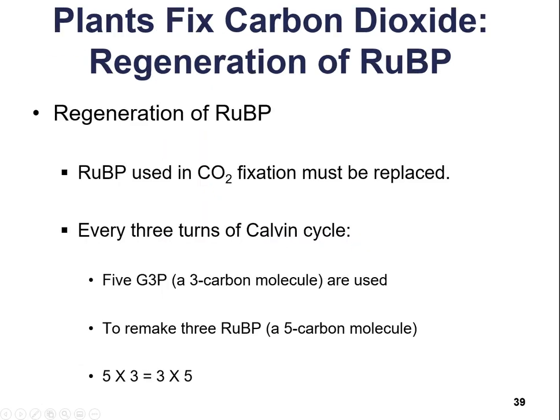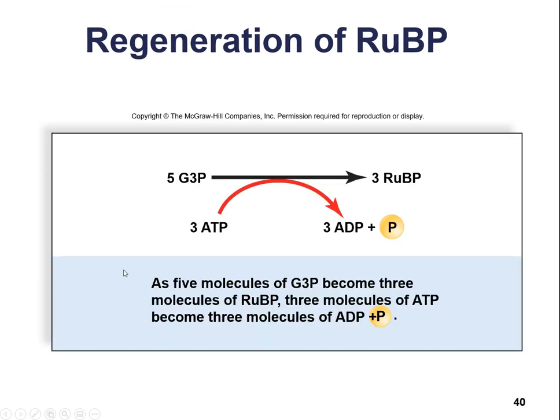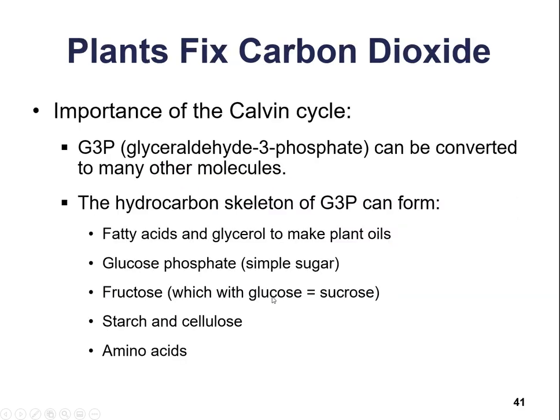And then the last phase, regeneration of RuBP. Okay. And again, like I told you, I don't want you to worry about the 3 turns and 3 times 5, whatever. I probably should just even get rid of this, so you don't have to worry about that. All right. So again, this is just reiterating and focusing in on this sort of reaction and that it requires ATP. Okay. And you can see that from that picture of the Calvin cycle.